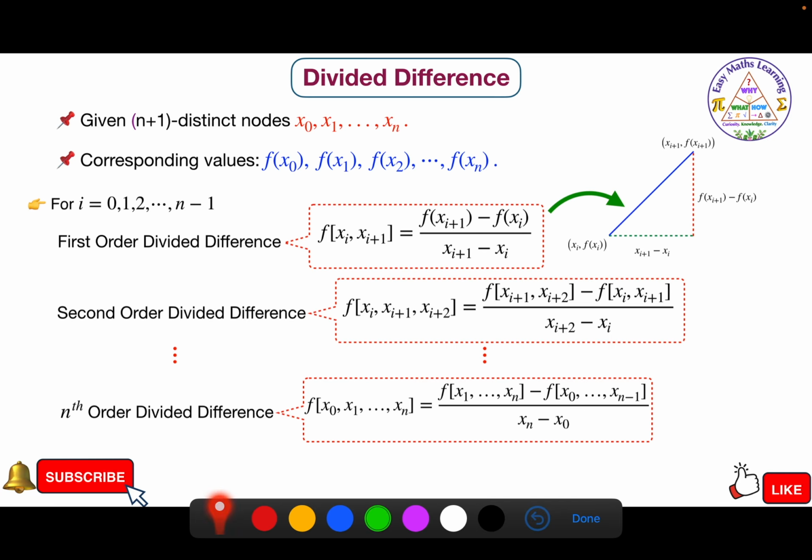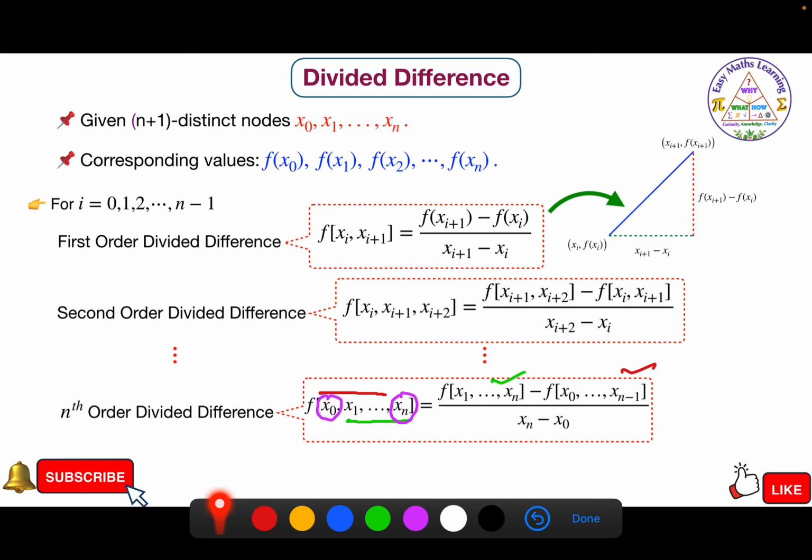First we find the divided difference for nodes x1 to xn, minus the divided difference for nodes x0 to xn minus 1, divided by xn minus x0.